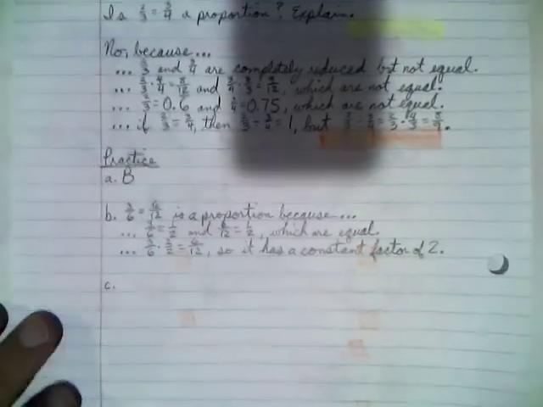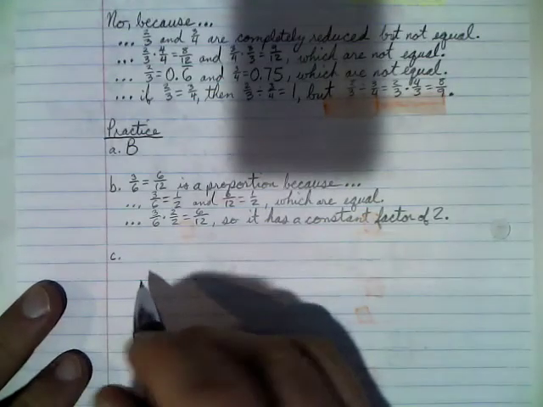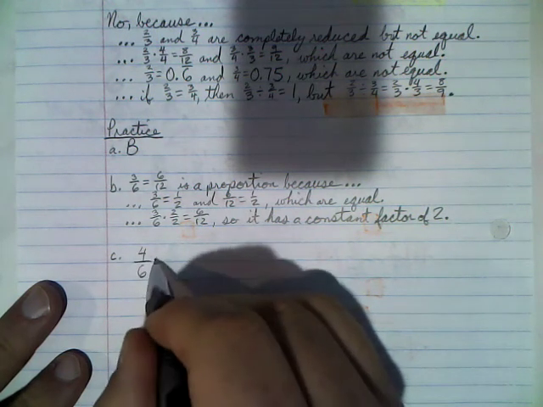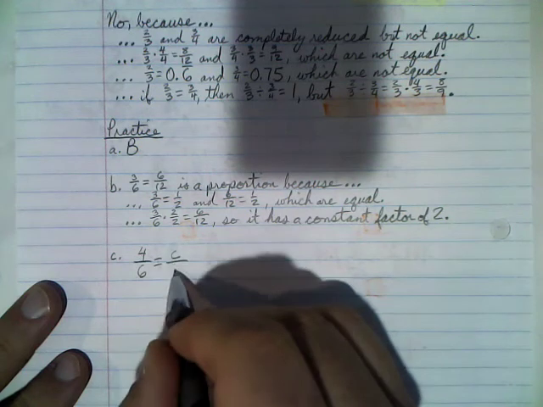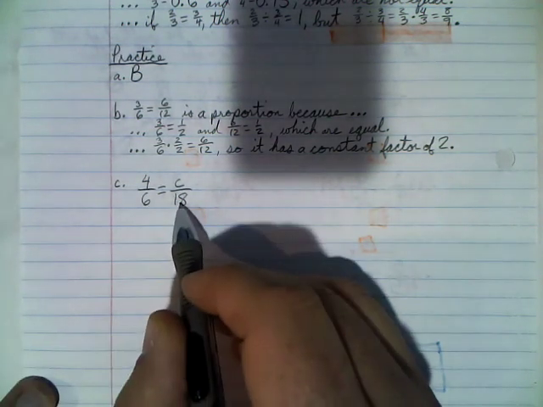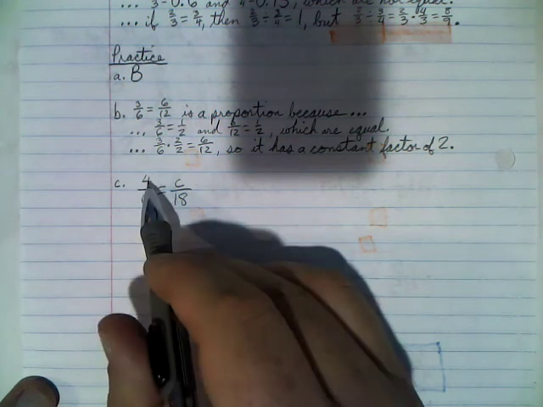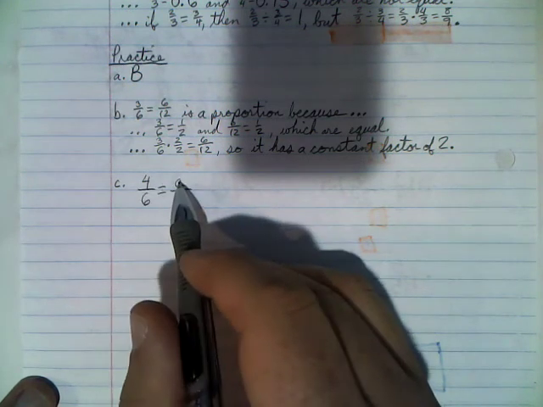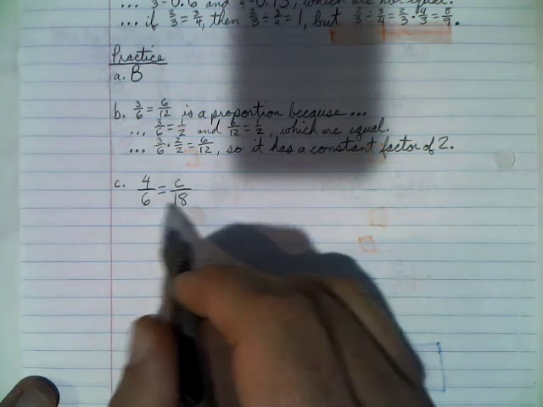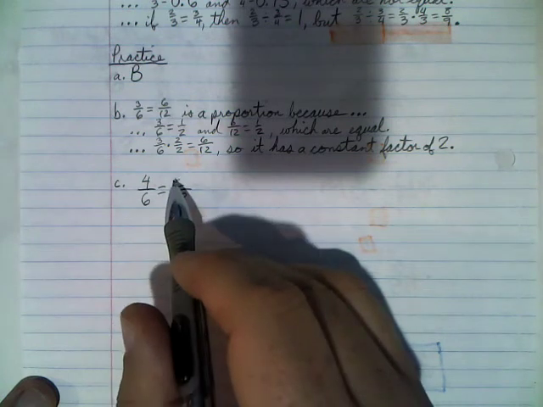So when I look at the proportion 4/6 equals C over 18, for this to be true, we need to find a value of C such that 6 times something equals 18, and 4 times that same something is C. Or it could be that 18 divided by something gives me 6, and C divided by that same something gives me 4.